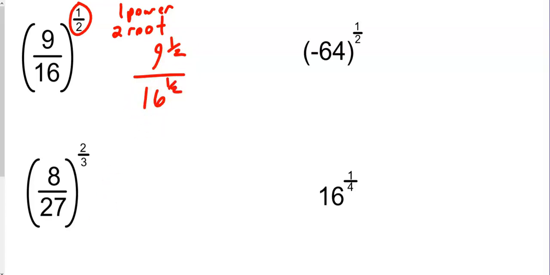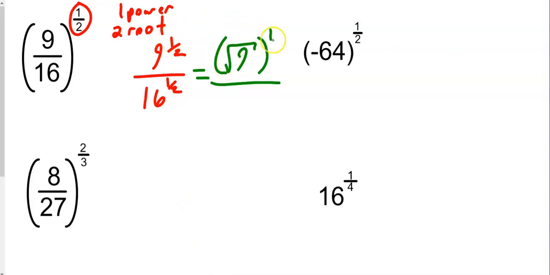This is what I was talking to you about a moment ago. If you understand rational exponents, we can turn this back into what they really are. So what we talked about a moment ago, that the 1 is the power and the 2 is the root. So what we're looking at is we want to take the square root of 9 and we're going to raise it to the 1 power. Because the 2 was the root.